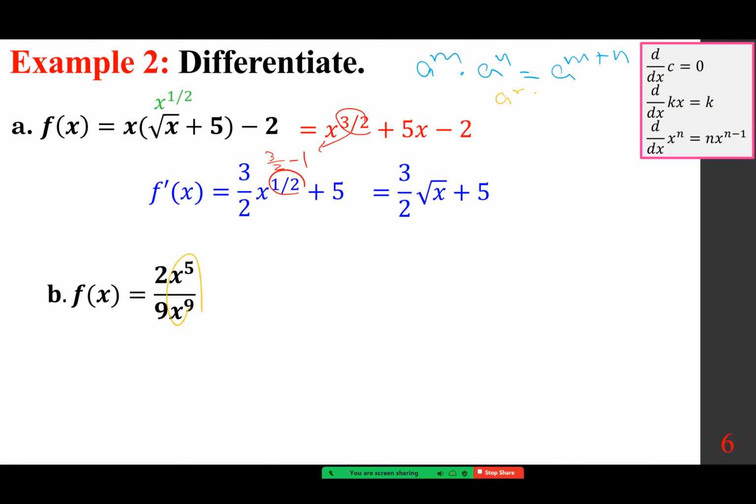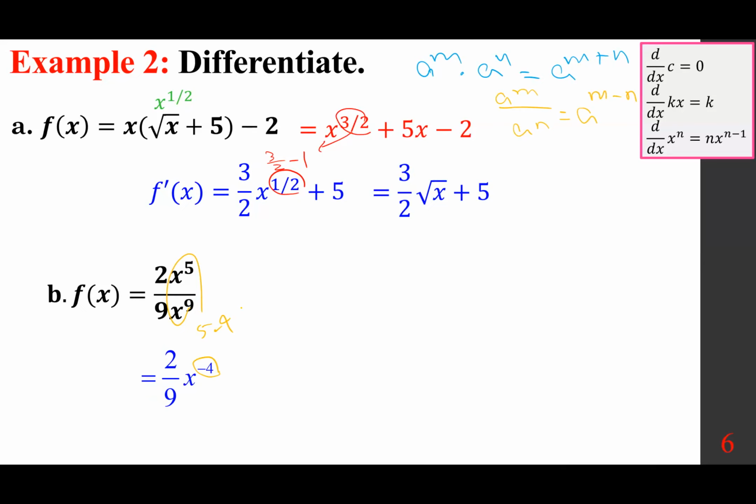A to the power of m over a to the power of n is a to the power of m minus n. So it's 2 over 9 x to the power of 5 minus 9, or negative 4. In order to use the power rule.